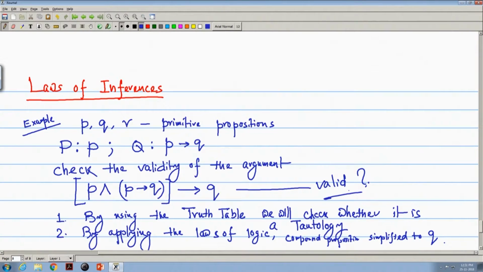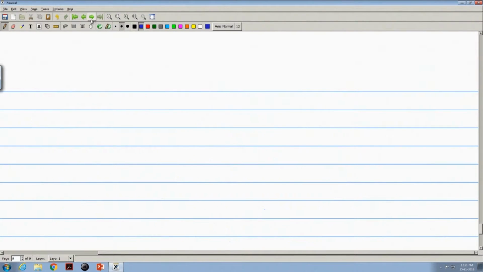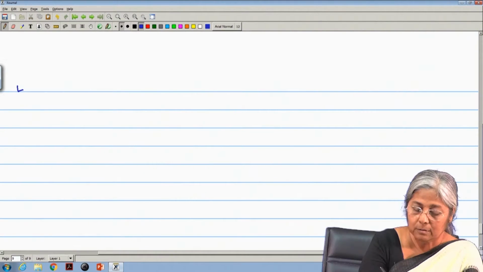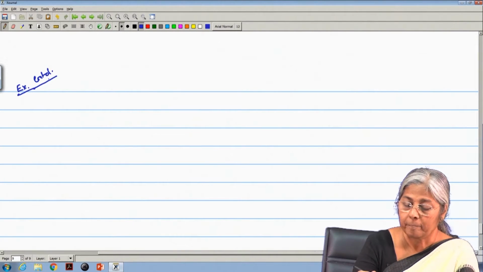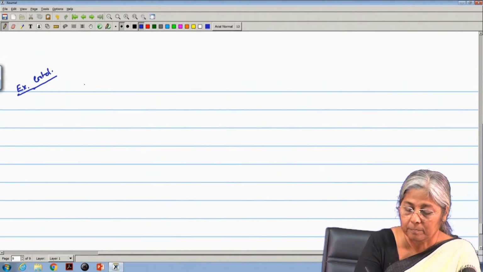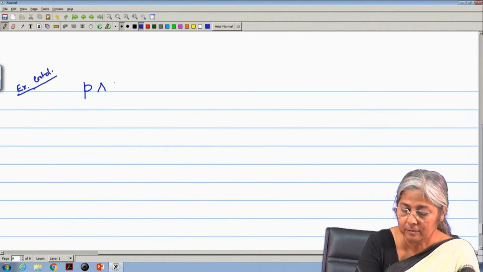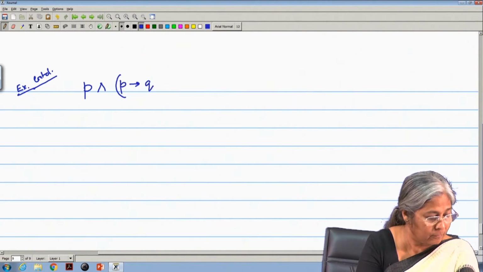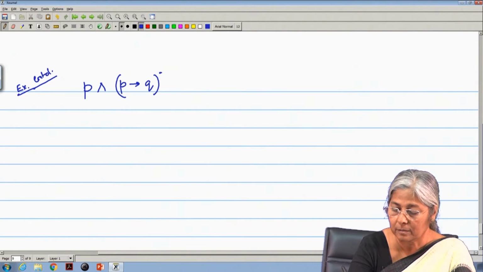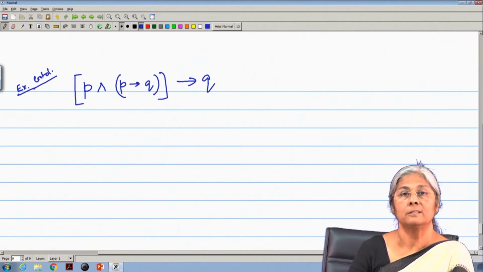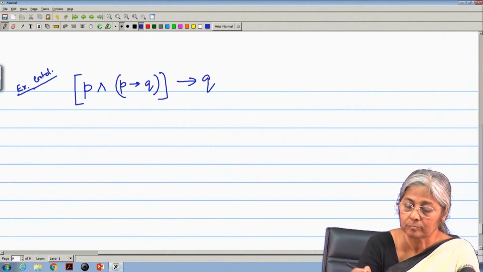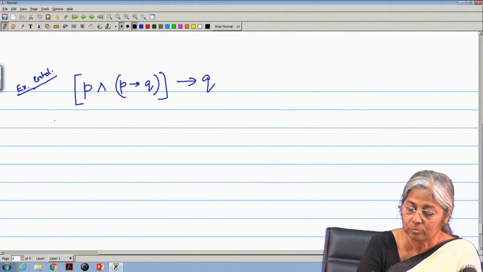Okay, so we see the first method, the truth table. Our example continued is p and p implies q, implies q, whether it is a tautology or not. We draw the truth table.